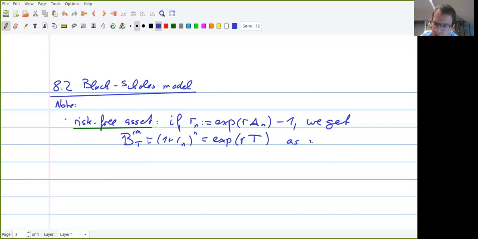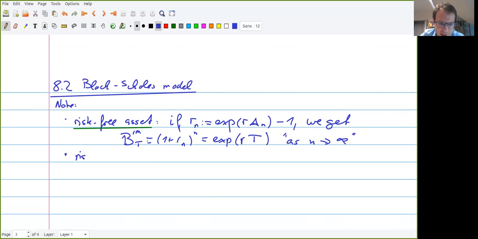And this as n goes to infinity stays constant, so this is true. If you take n to infinity and we stay always constant at the exponential function RT, the limit is also this. Okay, that was super simple.